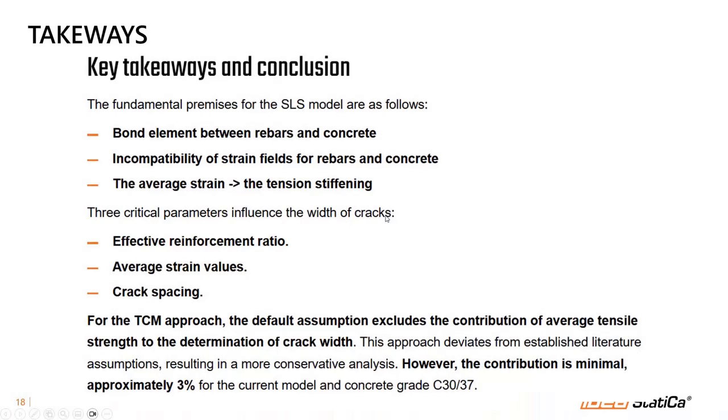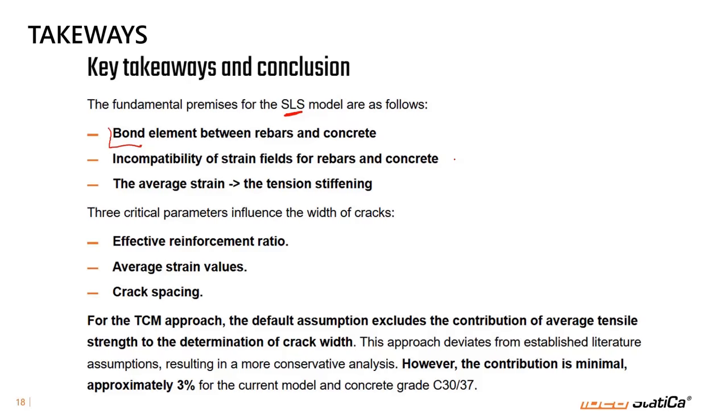So let me take some conclusions. Key takeaways: some fundamental assumptions for serviceability limit states are that the bond between the reinforcement bars and concrete exists, and it leads in general to incompatibility between the strain fields for rebars and the concrete elements, because the bond elements ensure the coupling between those two parts.